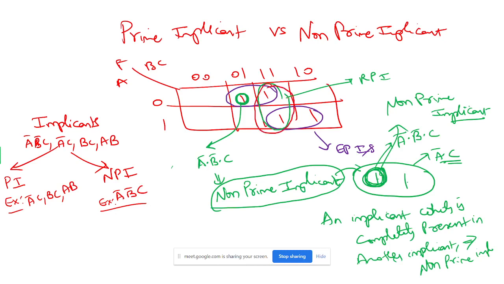Now people may ask, sir, what about RPI? See, an RPI is partially present in one implicant, partially present in another implicant. It is not completely present somewhere else, right? Then PIs are divided into two types, essential prime implicant and redundant prime implicant. We know the definition.